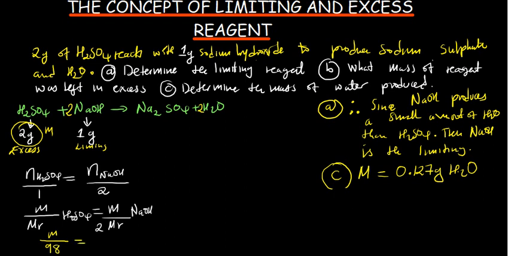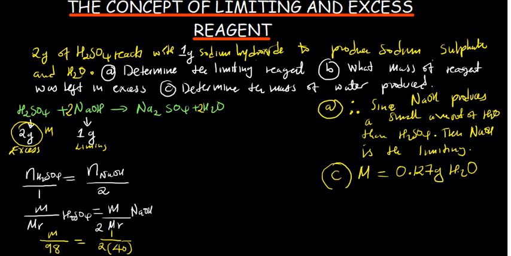That will be equal to, now for sodium hydroxide, we're going to use the same mass which is here. So we're going to say 1 over 2 multiplied by the molar mass for sodium hydroxide. What did we find? Sodium hydroxide, you have got sodium, the molar mass is 23, oxygen, the molar mass is 16, and hydrogen is 1. That will give us 40, the molar mass for sodium hydroxide.